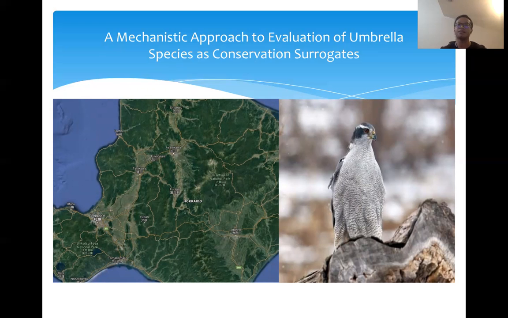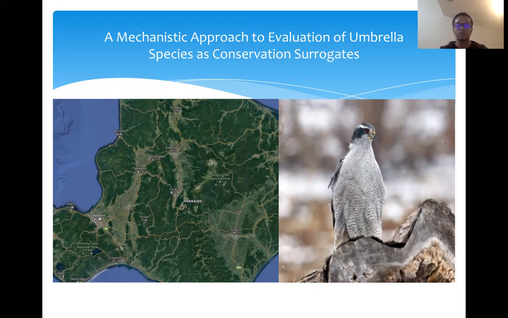In this paper, titled A Mechanistic Approach to the Evaluation of Umbrella Species as Conservation Surrogates, the scientists wanted to specifically observe the biodiversity of other birds, butterflies, carabids, aka beetles, and forest floor plants, in a number of forest sites, to evaluate whether the sites selected by the umbrella species approach are efficient at protecting the species diversities of the other four taxa.